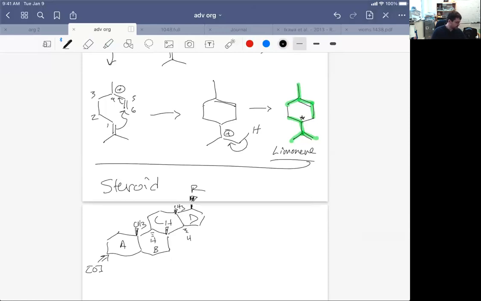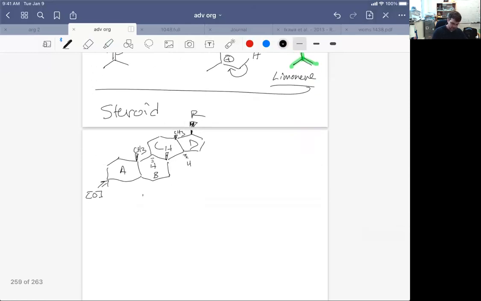Okay, so what I want to do is take the molecule and go retrosynthetically, so back in time, to the precursor of this molecule, and we get the molecule squalene. I'm going to draw squalene as a super crazy structure.